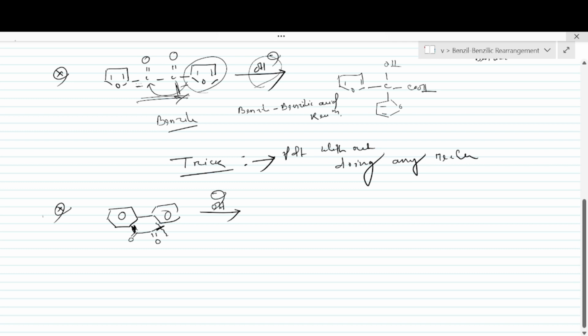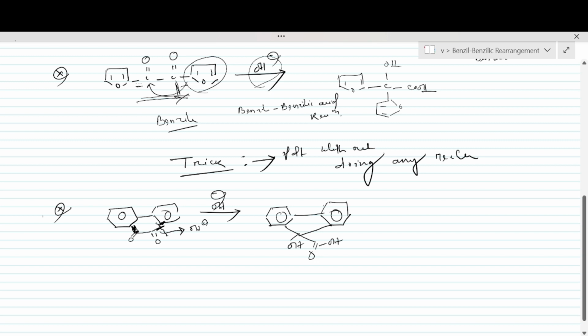Let's break this bond and form the bond between this carbon atom and this carbonyl group and put a hydroxy group over here. Okay, so what will be the products? So what I told, you have to connect this carbon and this carbon and a hydroxy group. So this is the product.